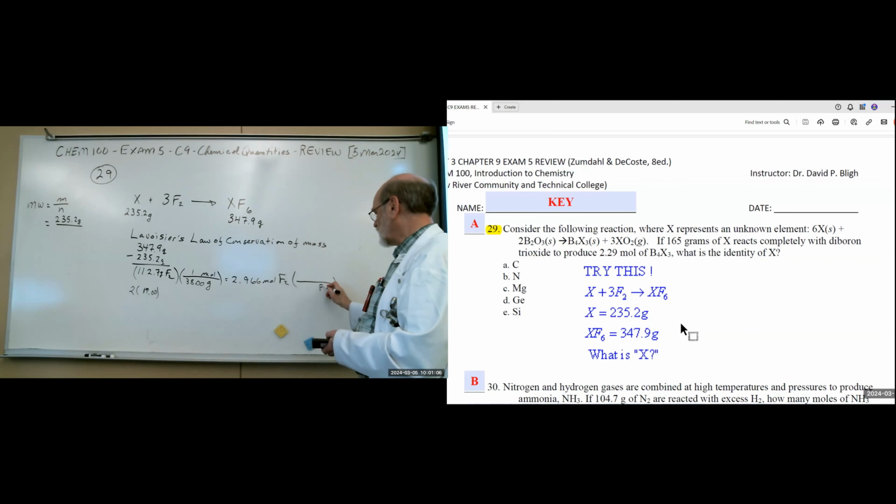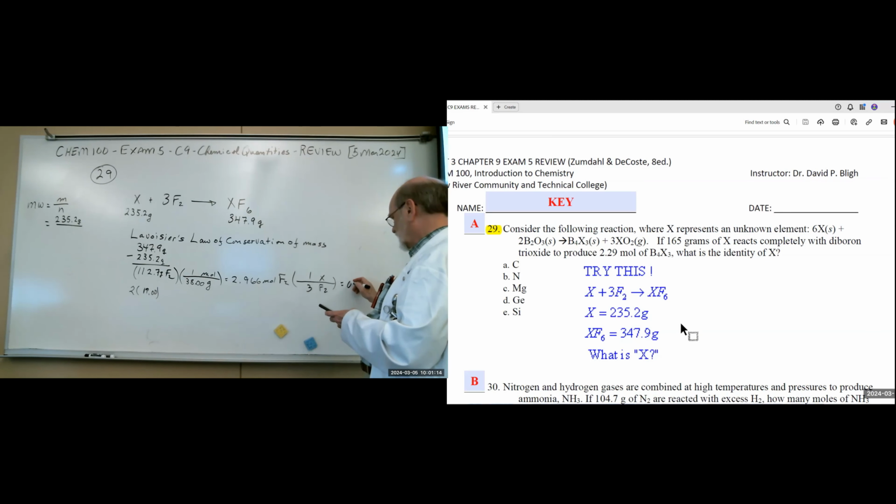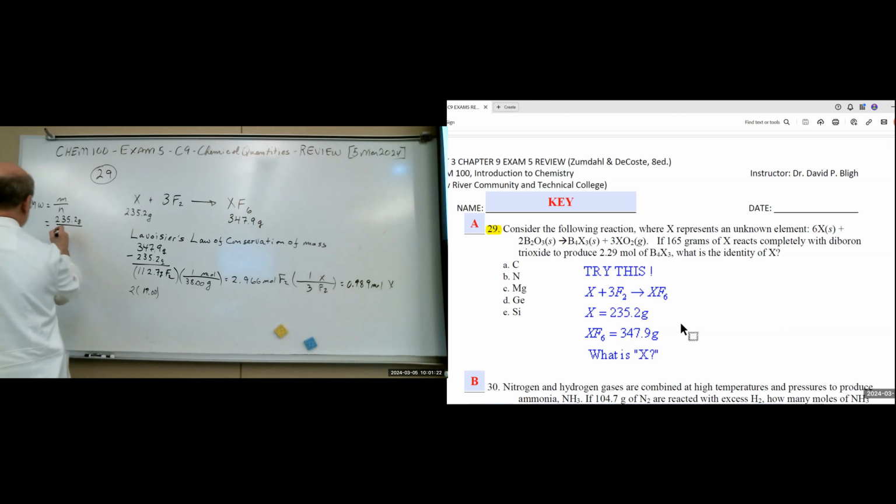Now we can convert that to moles of X, because we know that the ratio between the two is 1 to 3. So this is 0.989 moles of X, and that goes right here. Grams per mole.